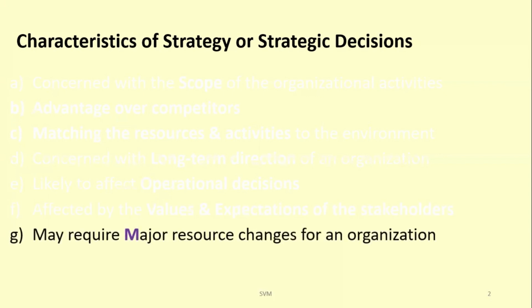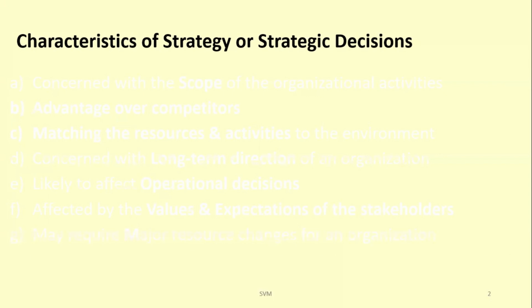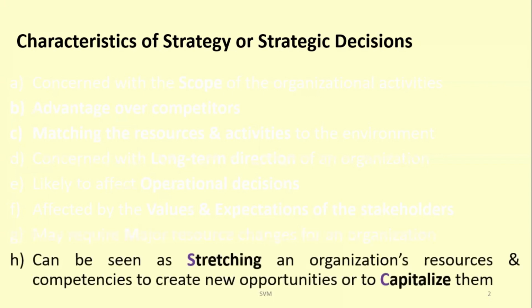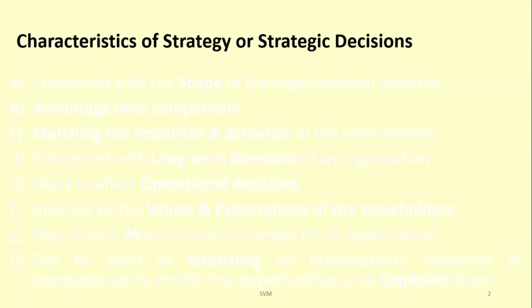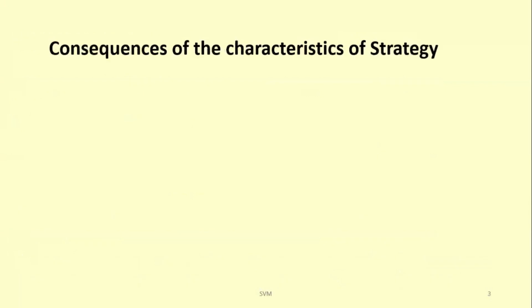Strategic decisions may require major resource changes for an organization. Strategy can be seen as a stretching of an organization's resources and competencies, which will enable me to create new opportunities or to capitalize on them. So these are some of the characteristics of strategy or strategic decisions.